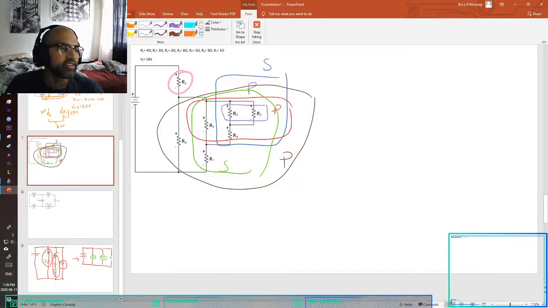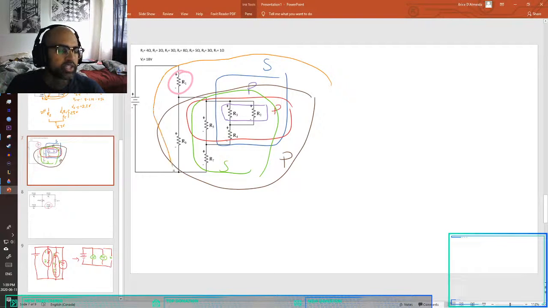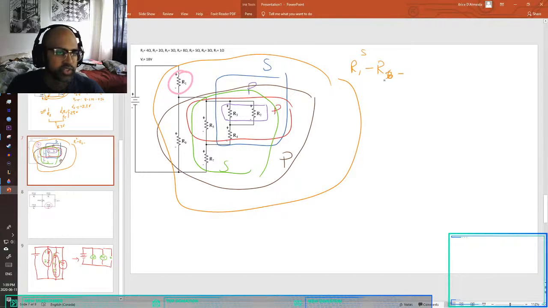And then at the very end, let's do it in orange. Resistor 1 is in series with resistors 2 to 6. What a ride here. Okay.